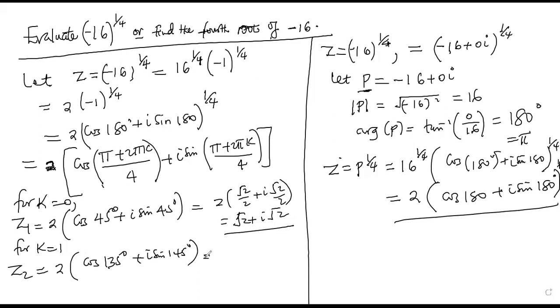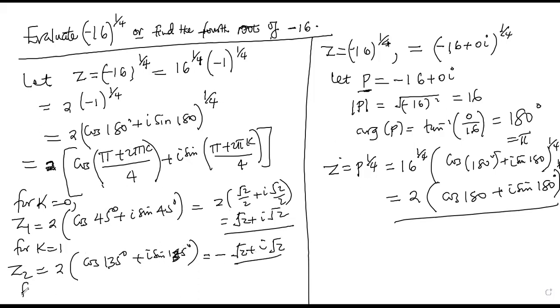This is going to give you negative root 2 plus i root 2. It is still 135 here. So you get this also.